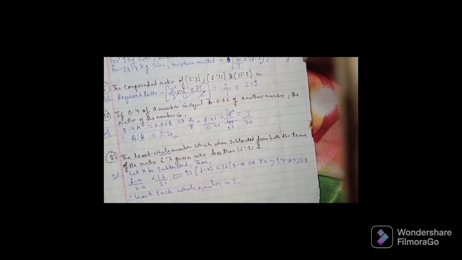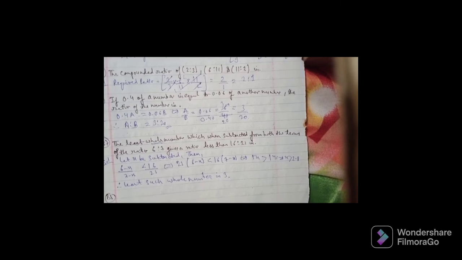Okay, now we go further to the next question, which is the 88th question of the session. So let's go for it. The 88th question: A and B are two alloys of gold and copper prepared by mixing metals in the ratio 7:2 and 7:11 respectively.